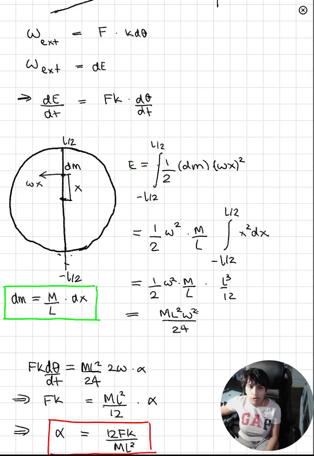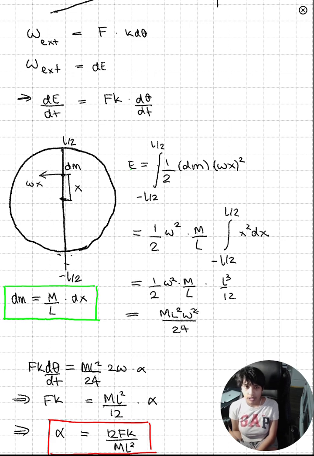Now let's plug this into our original equation, dE over dt equals Fk times d theta over dt. We end up getting that Fk times d theta over dt equals m L squared over 24 times 2 omega alpha. Although I haven't shown that here, I'll explain how I got that. dE over dt means differentiating E, which is m L squared omega squared over 24, with respect to t. m, L and 24 are constants, but omega isn't constant; it's changing with respect to time.